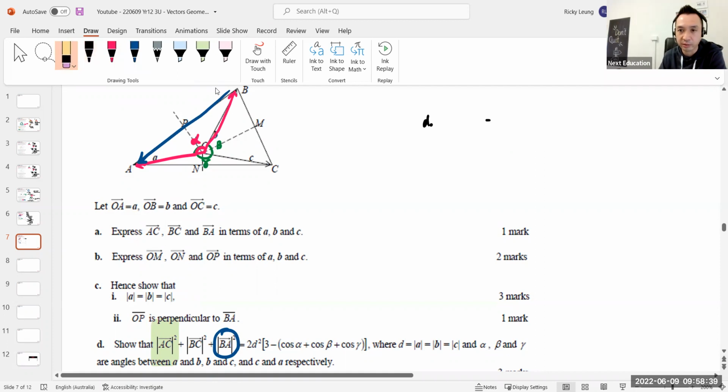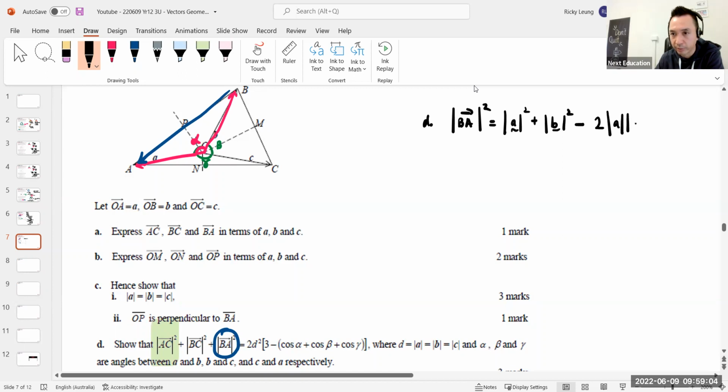So ignore this bit here. Got too excited with the angles, right? Let's just use cosine rule where the magnitude of BA squared, the cos pops up again, equals the magnitude of the two sides: A squared plus B squared minus 2AB cos alpha.